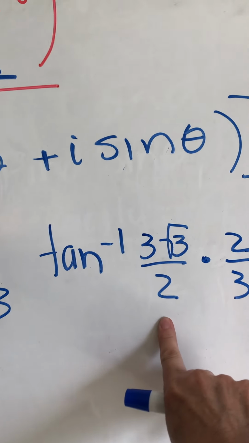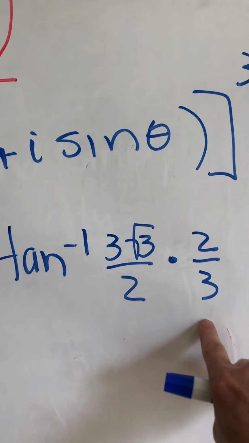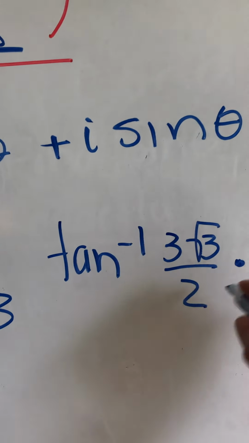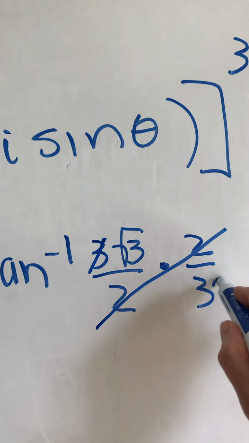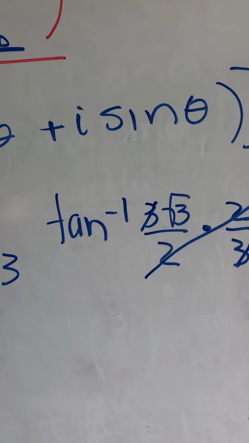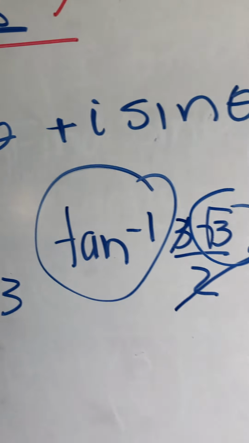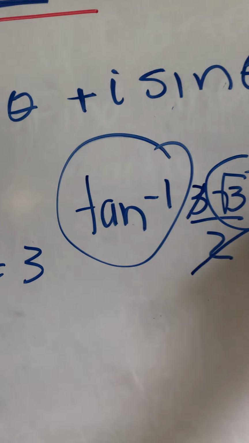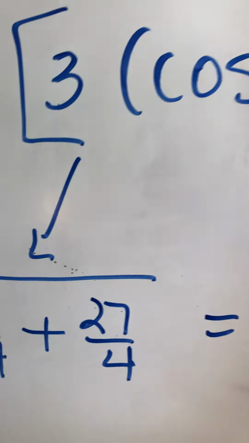So here's my B, and rather than dividing by 3/2, I multiplied by the reciprocal. Notice the 2's cancel. Notice the 3's cancel. I am now looking for inverse tangent of the square root of 3. If you did that on your calculator or looked at your unit circle, you would get 60 degrees. Let's go ahead and fill that in.